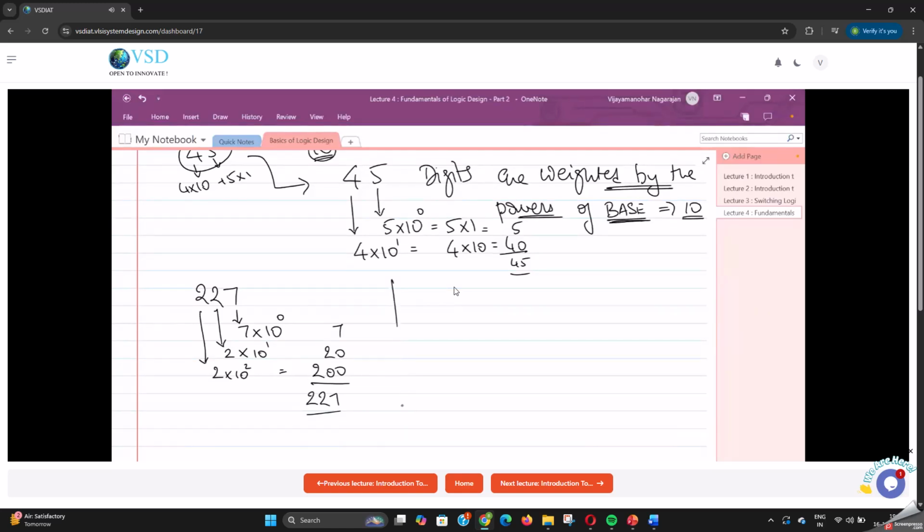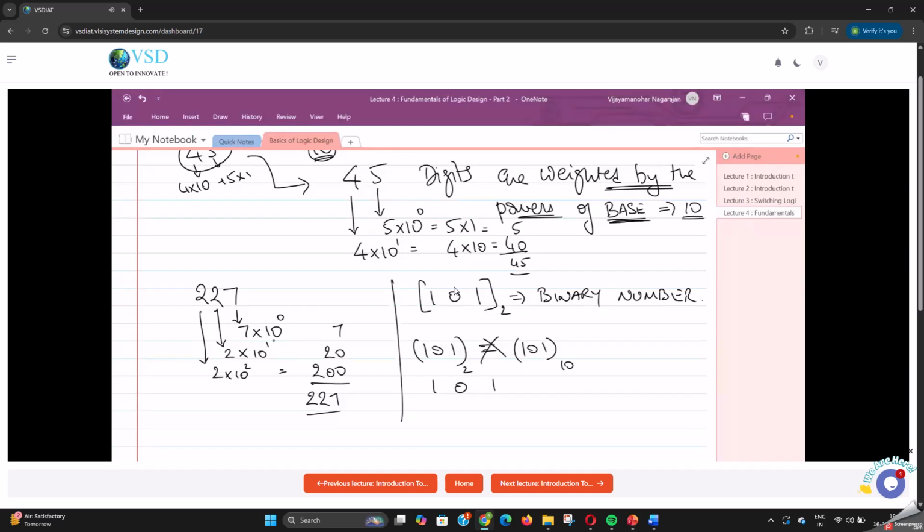Similarly, if you have a number 101 to the base 2, this is a binary number. This is not our 101. So 101 to the base 2 is not the same as 101 to the base 10. What does this 101 mean?